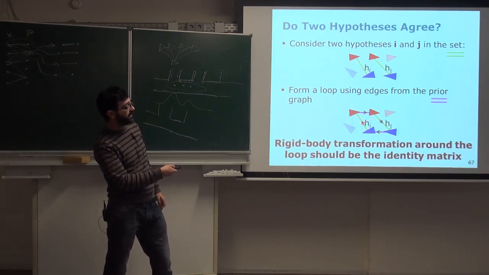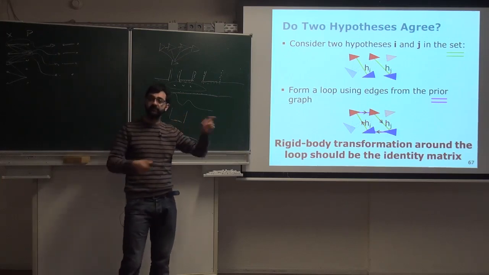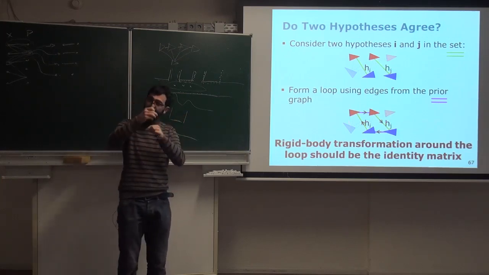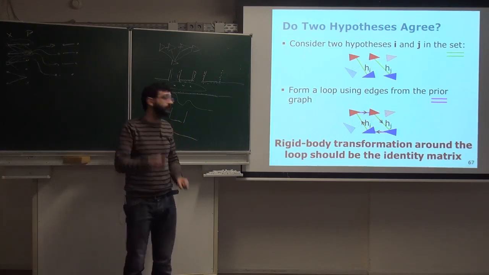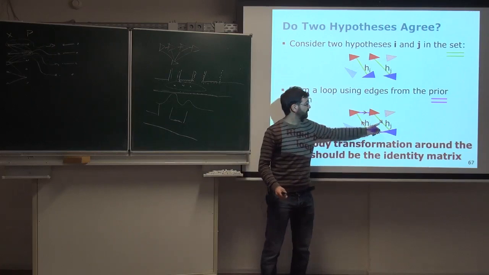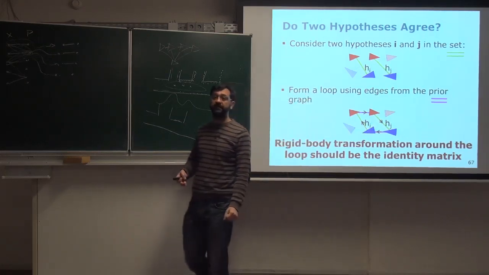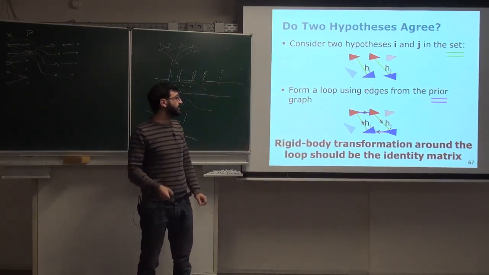If those two are the inverse of each other with respect to the different transformation, then I should end up in the same place. Okay? If those are not, then I am in the wrong place, and nothing matches.